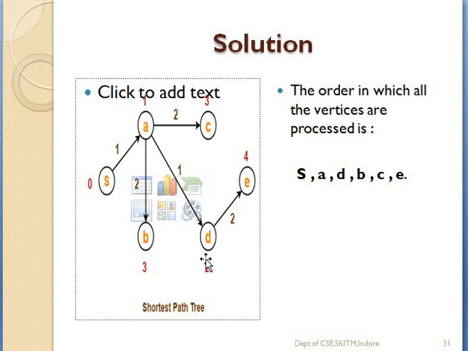From S to D, the cost is 2 and the shortest path is S to A and A to D. If we are talking about E, the total cost from the source node to the destination node E is 4 and the path is S to A to D and D to E. So the order in which the vertices are processed is S, A, D, B, C, E.